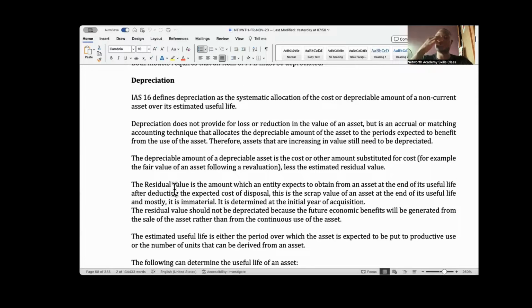And I explained to you that depreciation is not loss or reduction in the value of an asset. But I told you that it is just complying with accrual concepts or matching concepts. That is what it does.